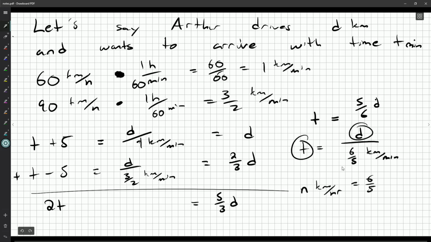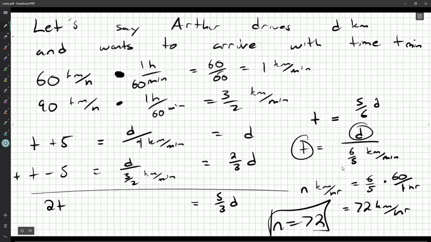So that's 6/5 kilometers per minute multiplied by 60 minutes per 1 hour. 60 divided by 5 is 12 times 6 is 72 kilometers per hour. n is 72.